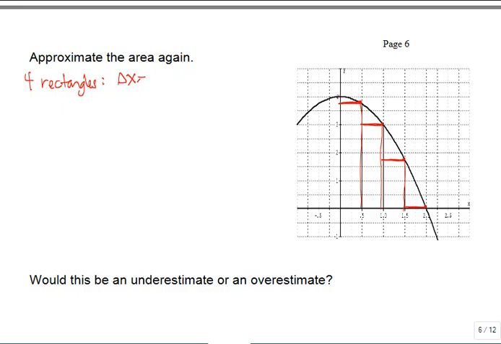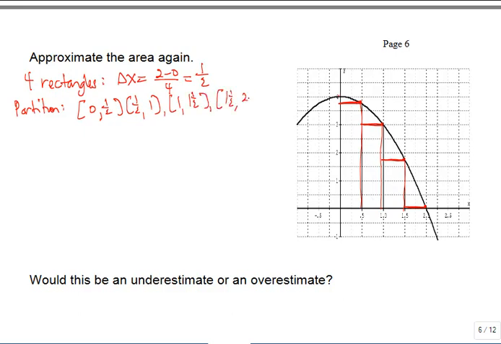So our delta x is still going to be 2 minus 0 divided by 4, which makes each one have a width of 1/2. And that means my partition is still going to be 0 to 1/2, 1/2 to 1, 1 to 1.5, and then 1.5 to 2.